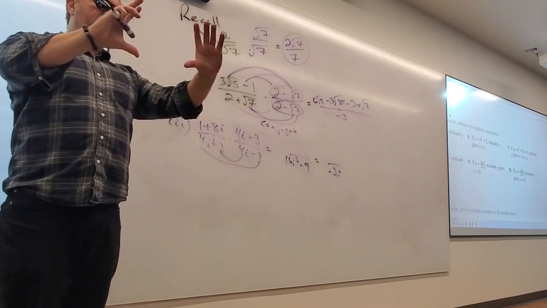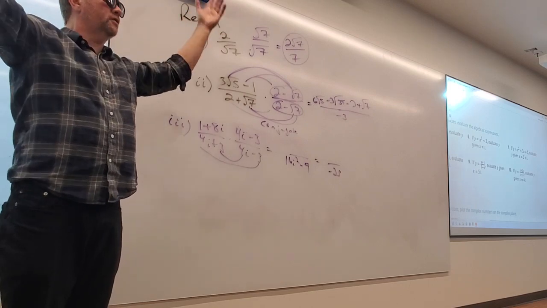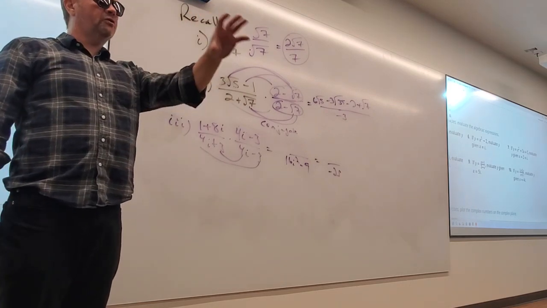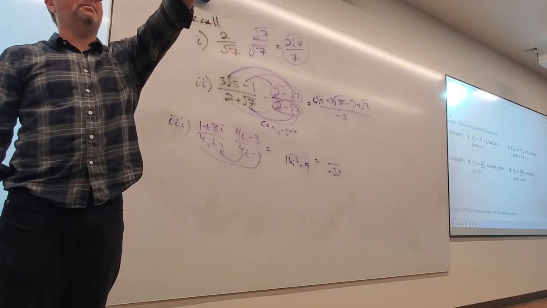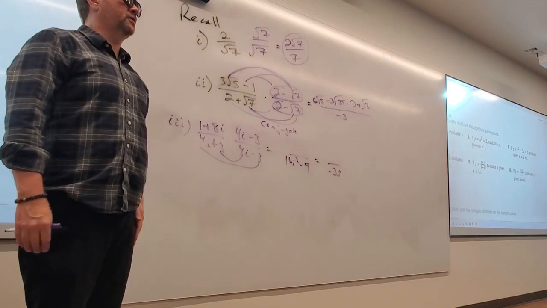So you're trying to make the bottom as nice as you can, but that just means the top could get gross. But if you have a really gross number, I'd rather have it on the top instead of divide by a gross number.